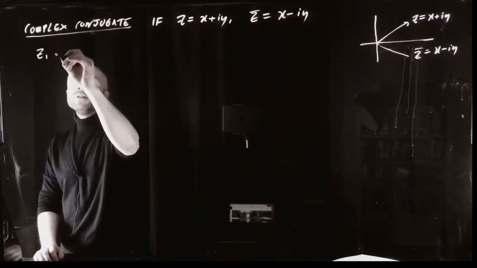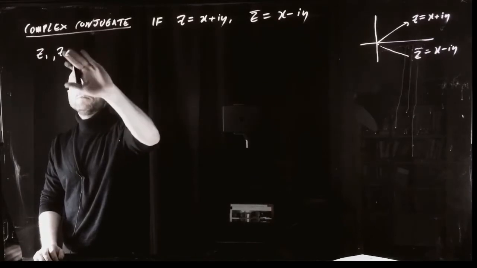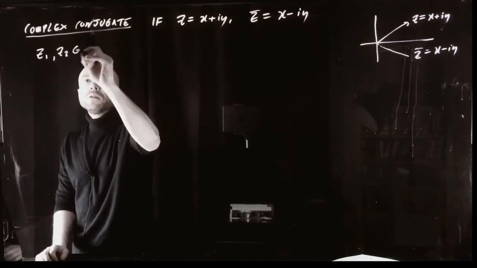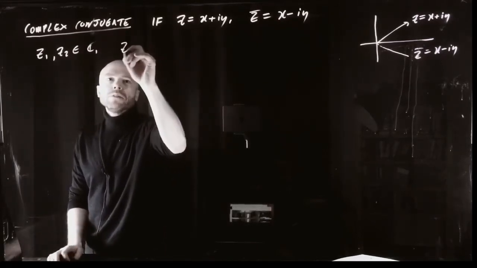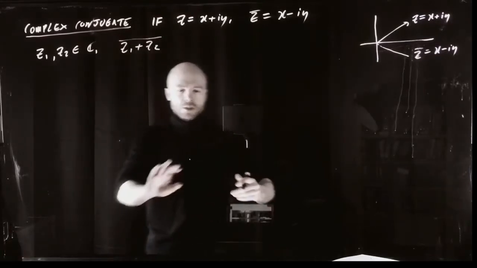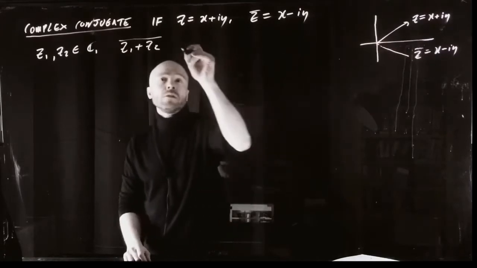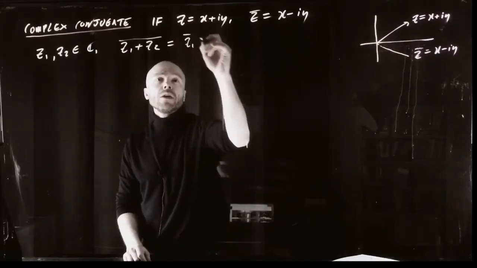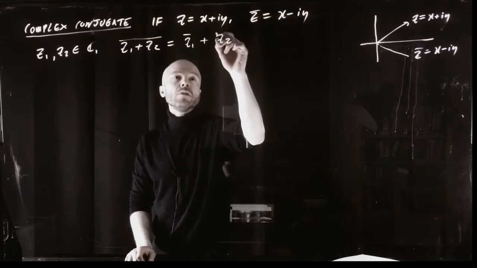If we have z1 and z2 belonging to the complex numbers, then take z1 plus z2. When you do the complex conjugate, just from this definition, it's kind of immediate that this is true.